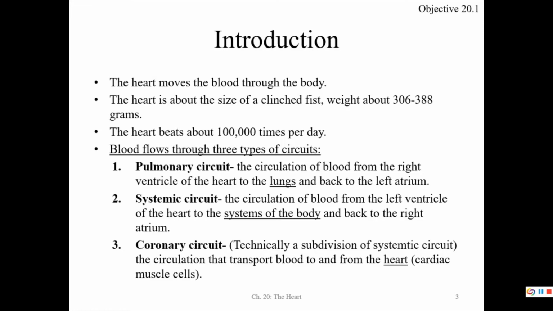So the pulmonary circuit. If you've already done lab, which we should have completed by this point in the semester, we have seen the anatomy of the heart, discussed it, and we know the 4 chambers. Blood will leave the right ventricle of the heart going out to the lungs via the pulmonary arteries.